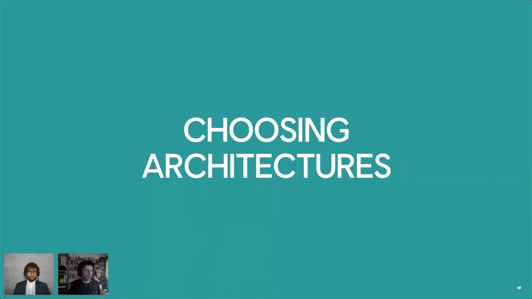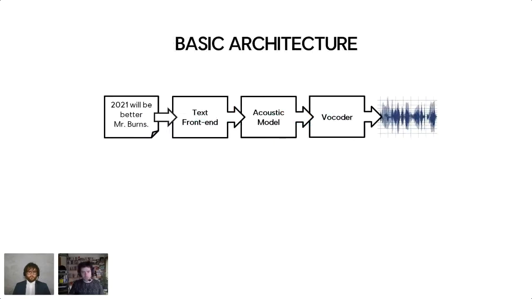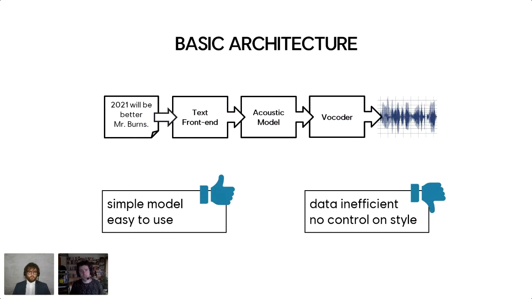So I'm gonna just go over some architecture choices that you can make for the models. The first one is just a basic architecture, and you train it with what you have, and it generates. So it's pretty cool, simple to use, very plain, but it's kind of data inefficient.